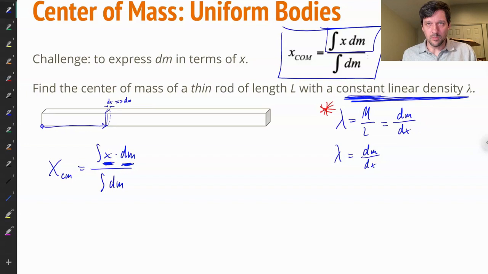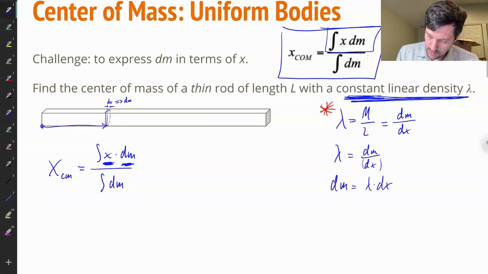I'm not a calculus expert, but I don't feel like that's how you do it. And so how do you do it? Well, good thing we have a relationship between those two things. So I'm going to rearrange this. Multiply dx to both sides, which your calculus teacher won't like. So dm is equal to lambda dx.